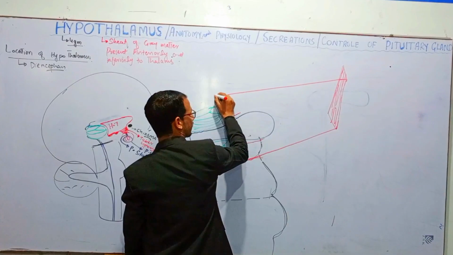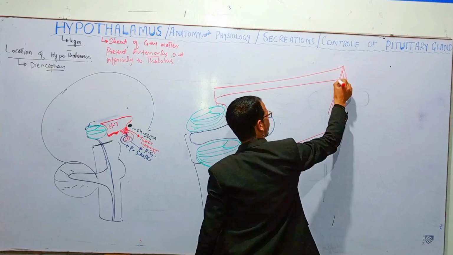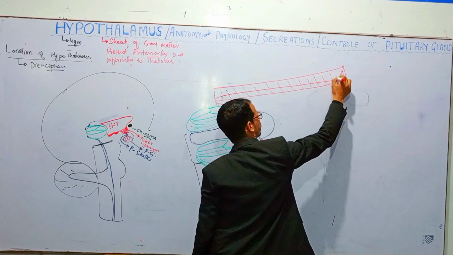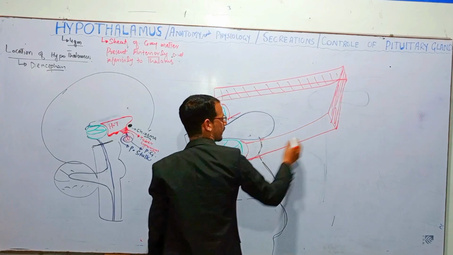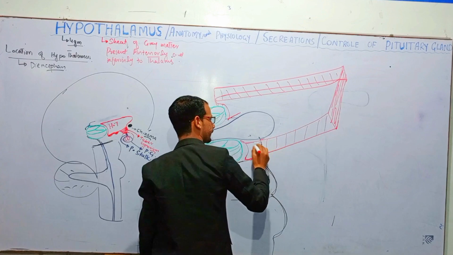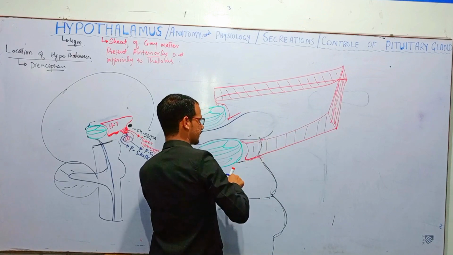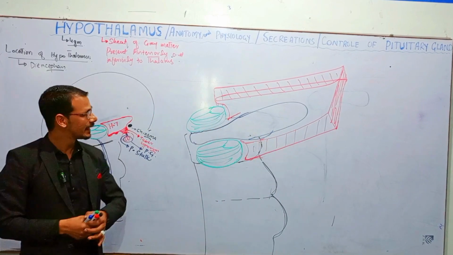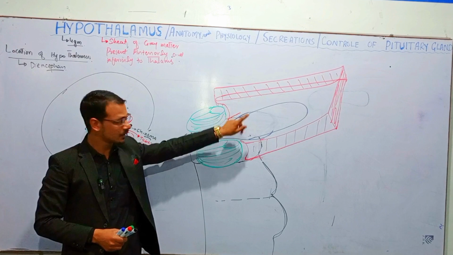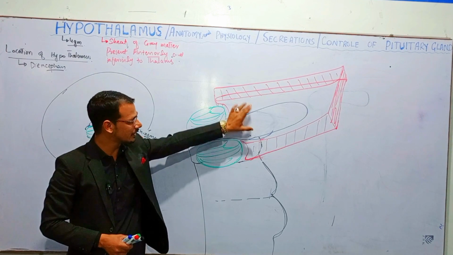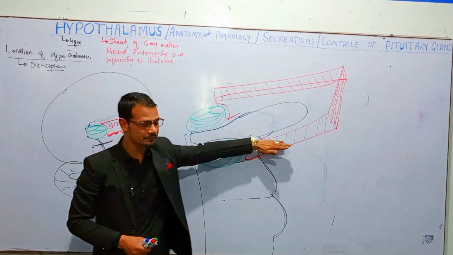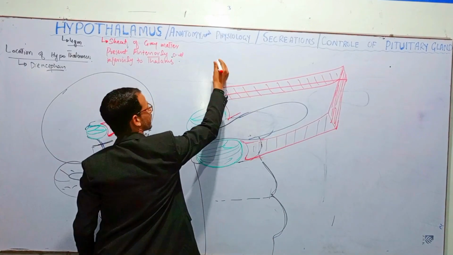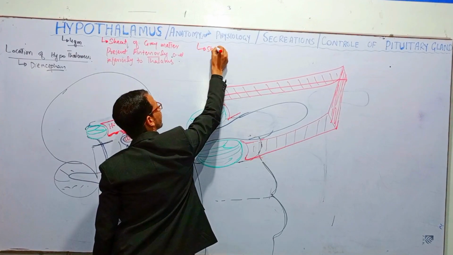And here this is one lateral, and this is the other lateral side of the thalamus. This ventricle is, for example, the third ventricle, right? So the hypothalamus is the sheet of gray matter which is forming the lateral walls and the floor of the third ventricle, right?